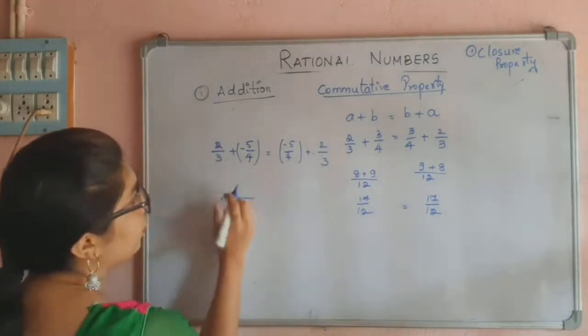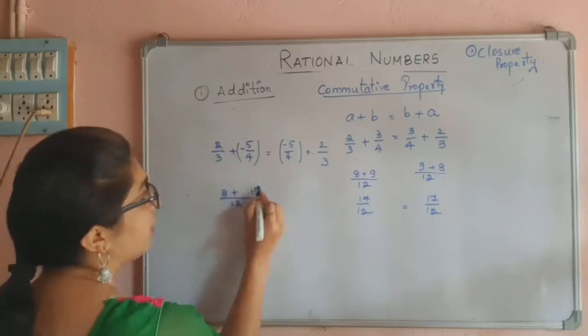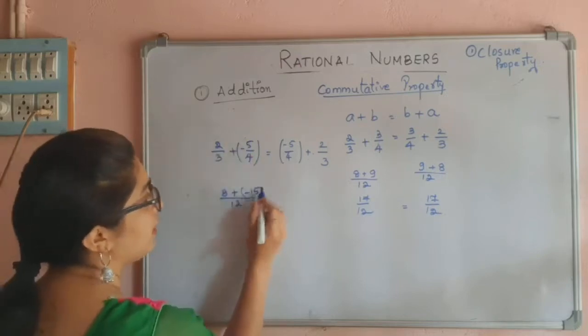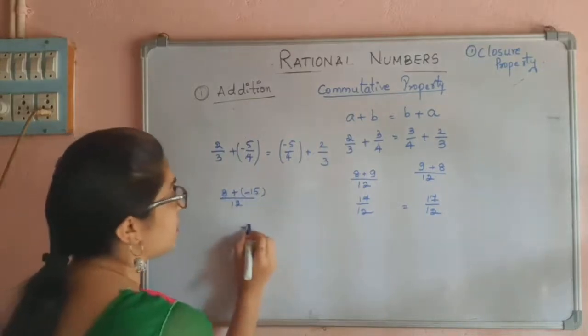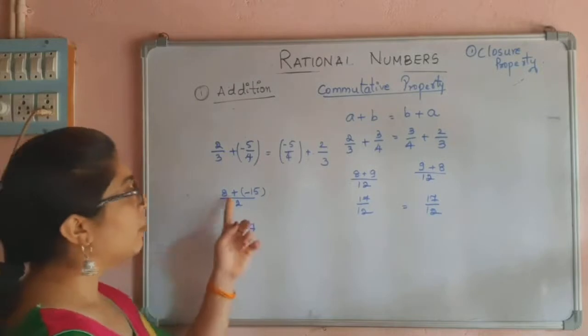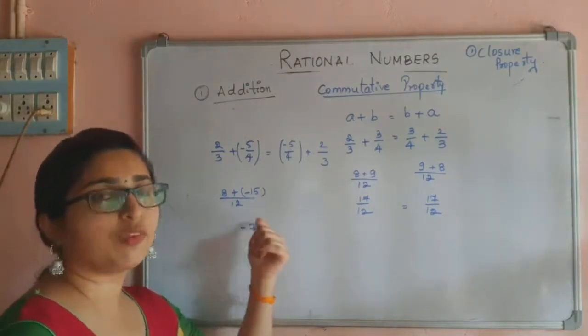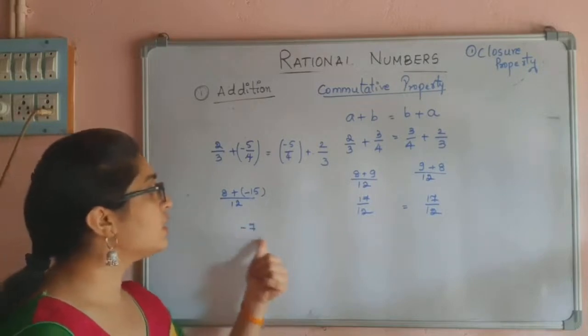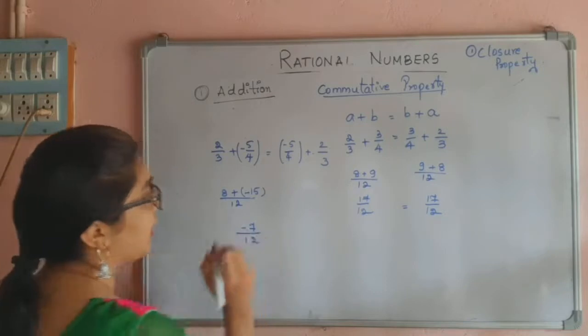Cross multiply, 2 4s are 8 plus 3 5s are 15. But it is plus into minus, it is minus. So 8 and minus 15, it will give you minus 7. Minus 7, because larger absolute value is 15. Sign associated with 15 is minus. So the sum gets minus sign. Okay, that is minus 7 divided by 12.